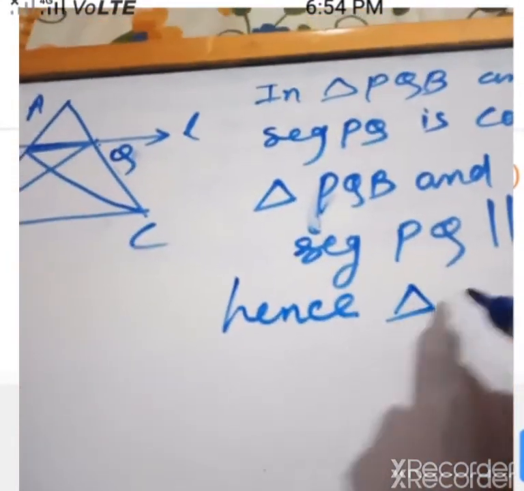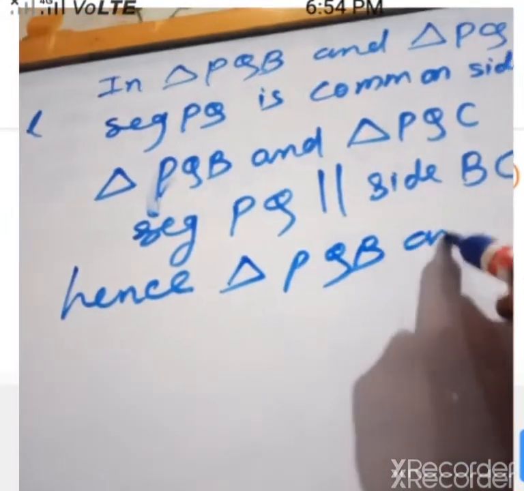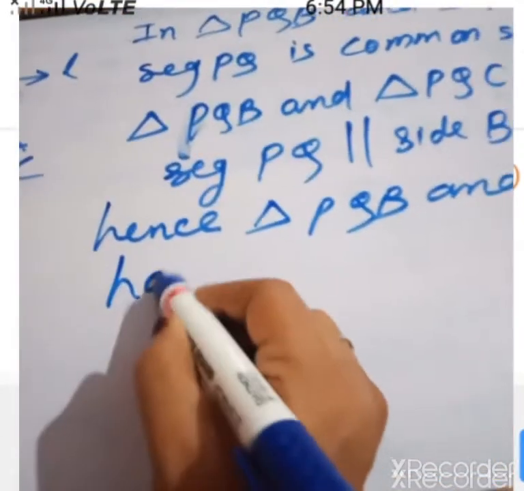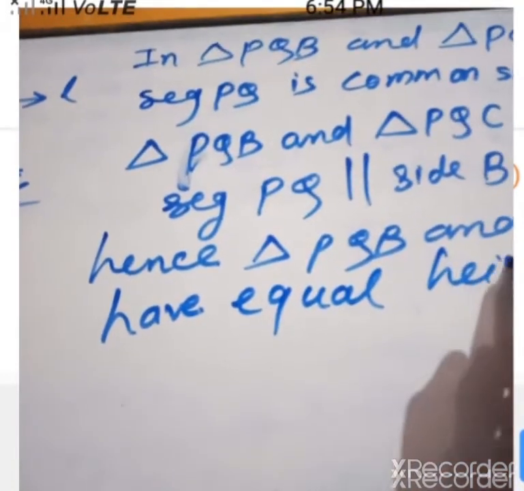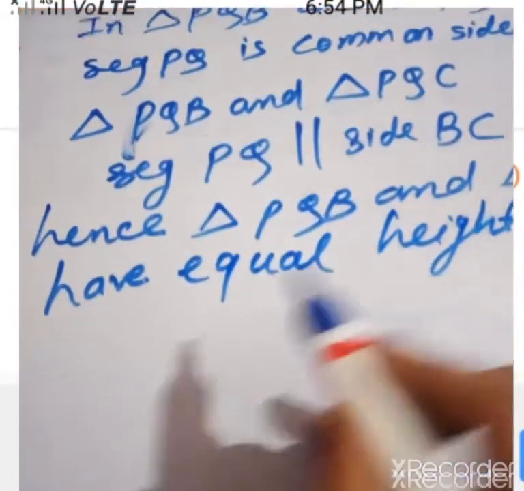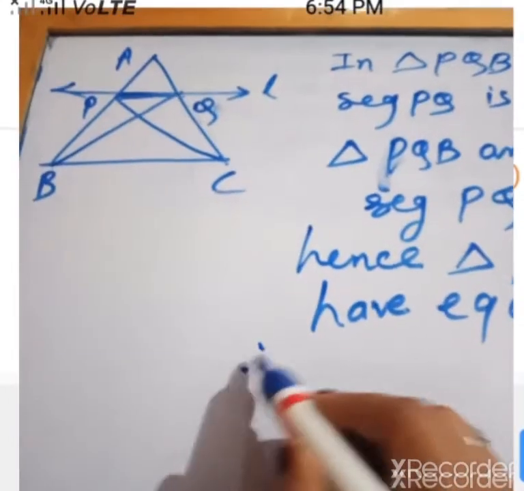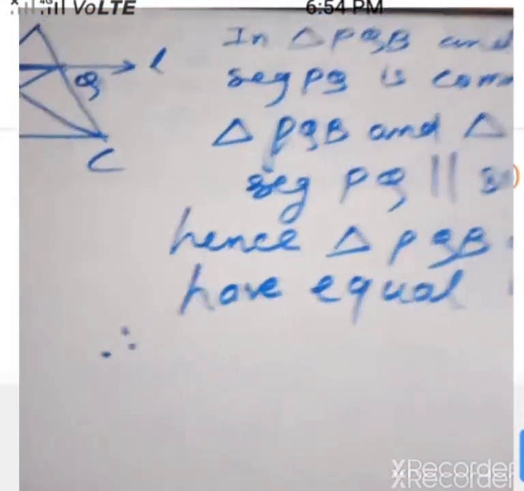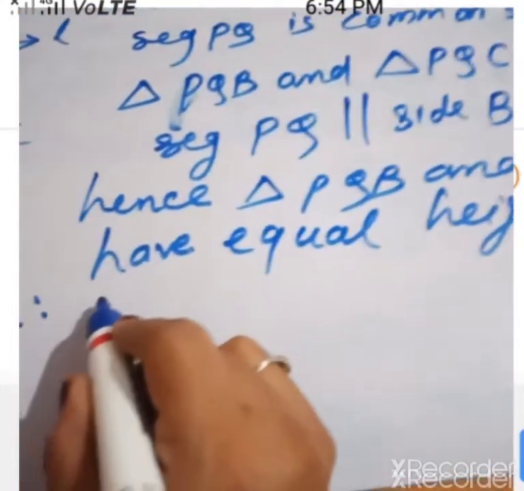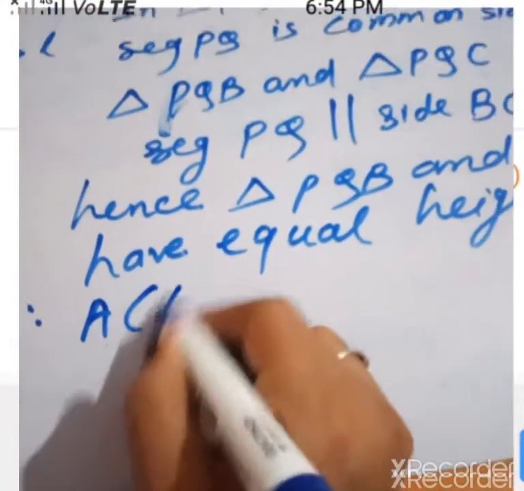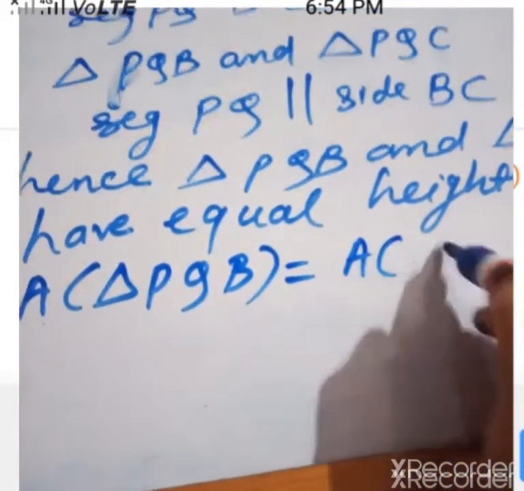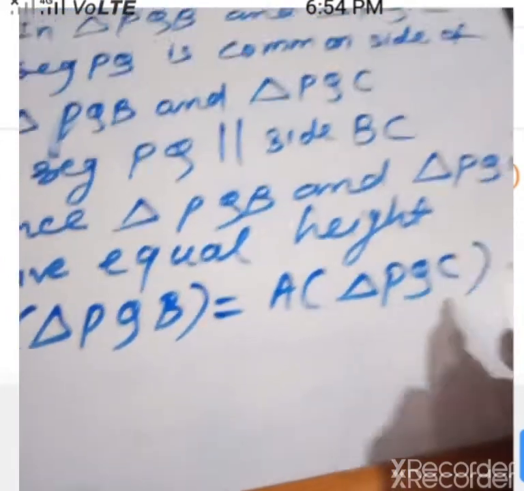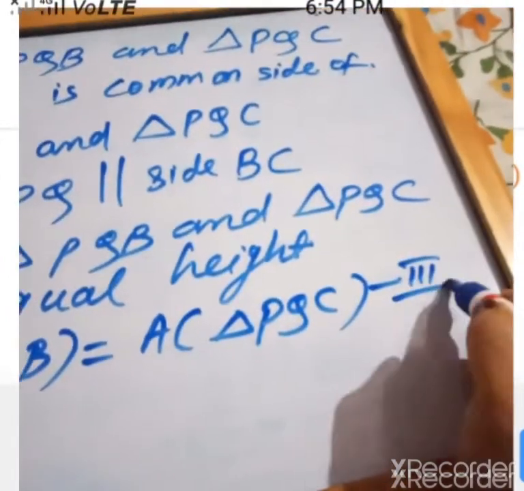Hence, triangle PQB and triangle PQC have equal height. Therefore, the triangles have equal base and also equal heights, so their areas are also equal. Therefore, area of triangle PQB is equal to area of triangle PQC. That is sentence third.